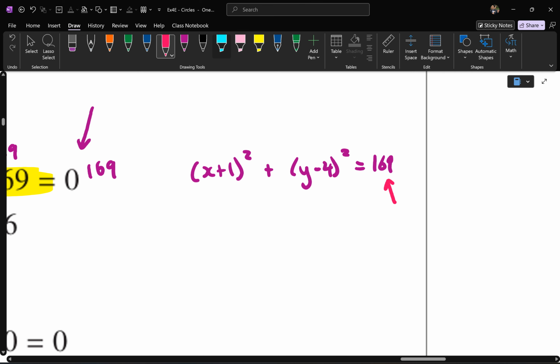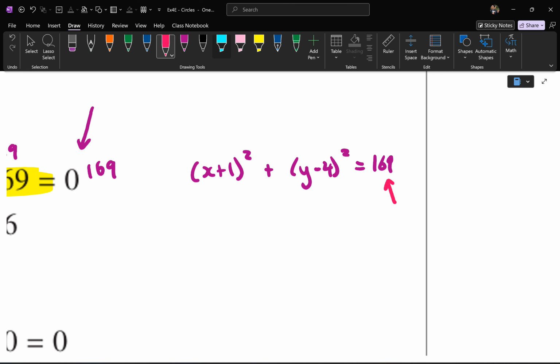Square root it. Something times itself will give you 169 because remember it has to be r squared. So clearly 13 squared will give you 169. That means radius is 13.